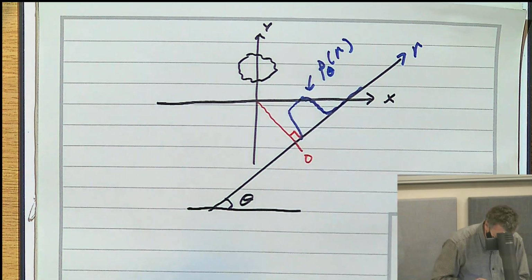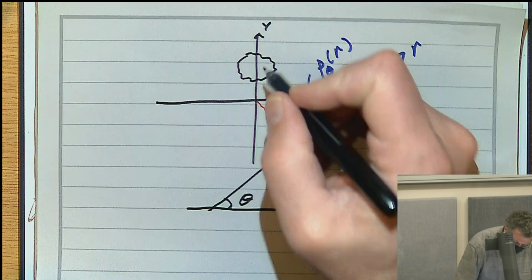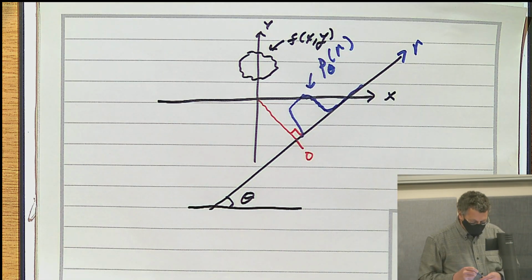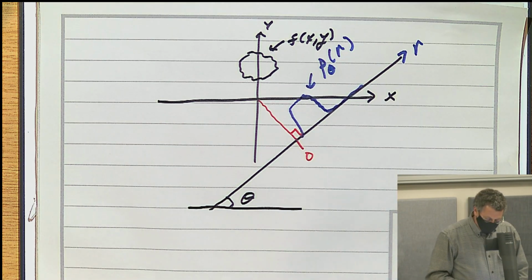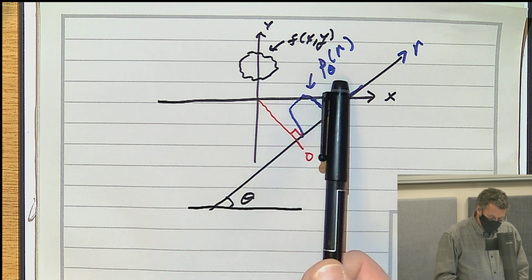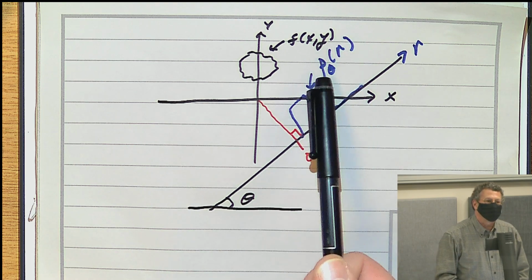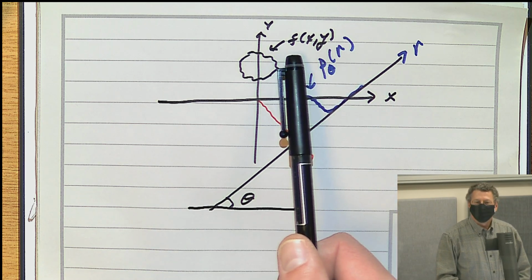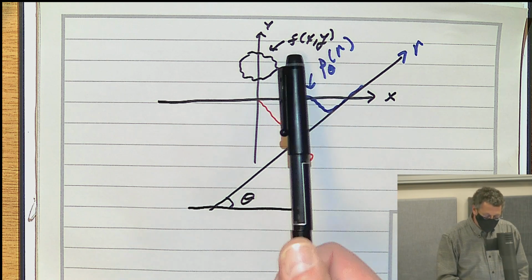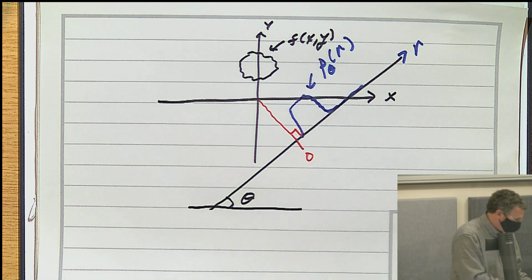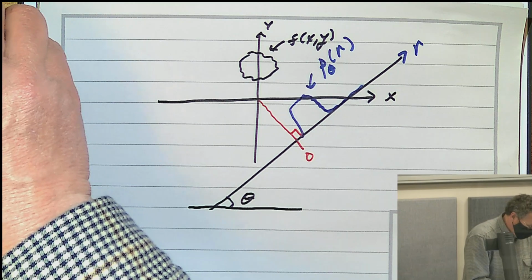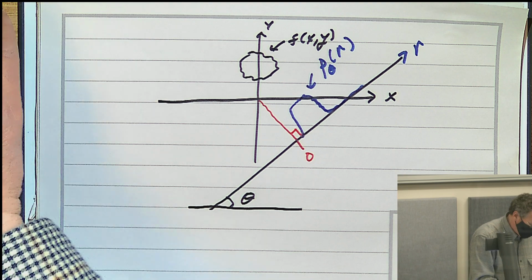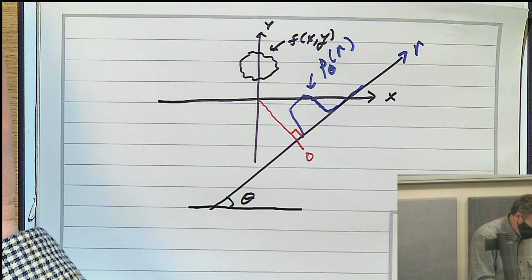And this thing here is what you're trying to reconstruct, f of x, y. The measurement you get, which is the projection, is a linear transformation of the thing that you actually wanted to know. It's linear in the sense that it's an integral. I'm jumping ahead a little bit.